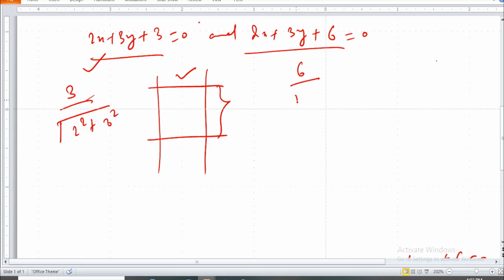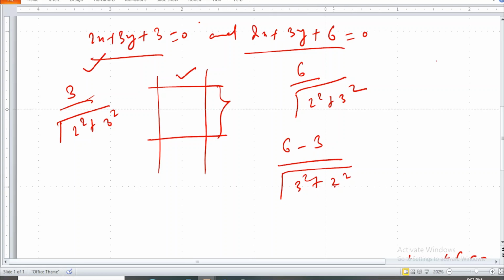And here 6 over the root of 2 squared plus 3 squared. So what is the distance between the two opposite sides? Clearly 6 minus 3 upon, the denominators are equal so we can merge them, root of 3 squared plus 2 squared, which is 3 upon root of 9 plus 4, which is 3 over root 13.